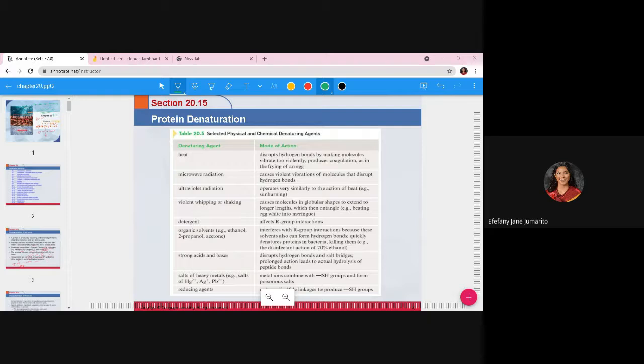Proteins change their organization to function effectively, because different conformation, different configuration, has different responses and different functions in your body.